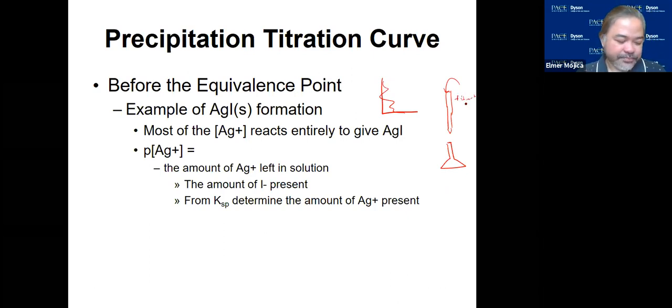Anyone? Is it the silver or the iodide? What do you think is in the titrant? Is it the silver or the iodide ion, if you have this setup?